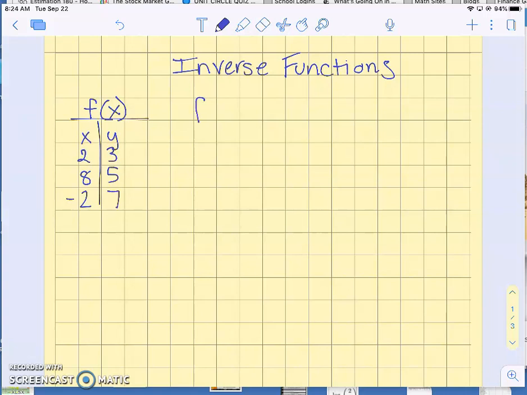The inverse, which is denoted with a power of -1, those x, y inverses, you change the x and y. So instead of 2, 3, it becomes 3, 2, 5, 8, 7, -2.